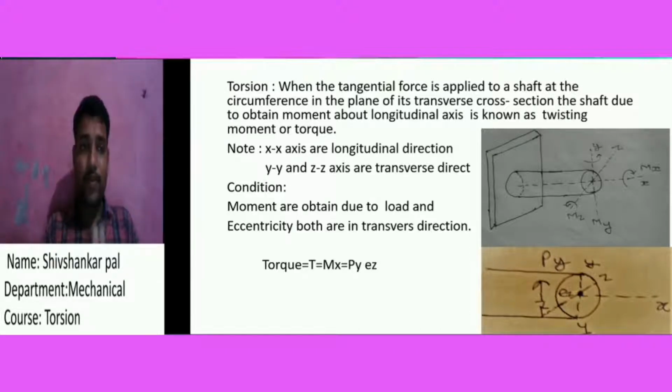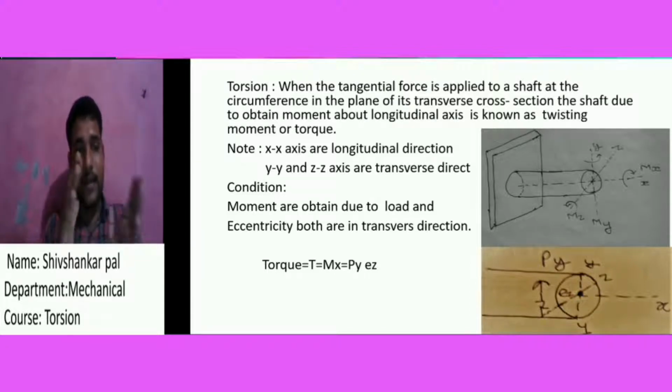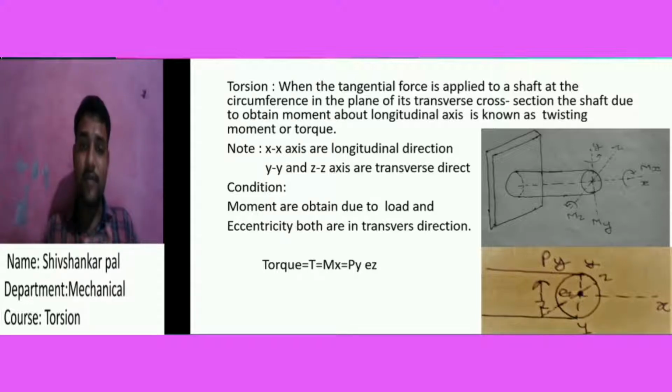Being a moment about the longitudinal axis is not the only criterion to understand that it is a torque. I am also giving a condition through which you can easily find out which moment is considered a torque.